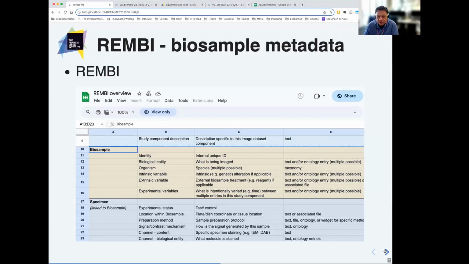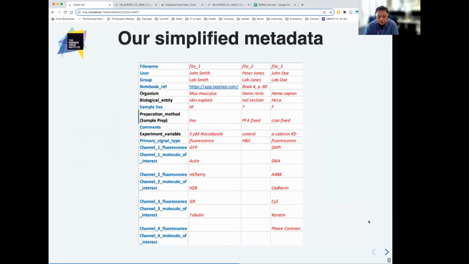With that, we spent a few hours getting all our colleagues together, trying to come up with metadata for biosamples based on REMBI. The black label is the REMBI one.